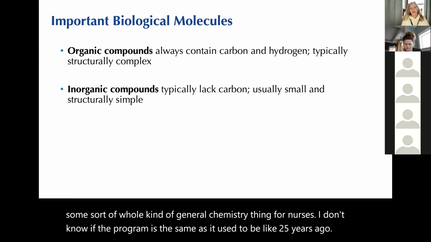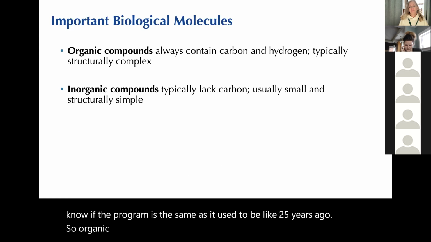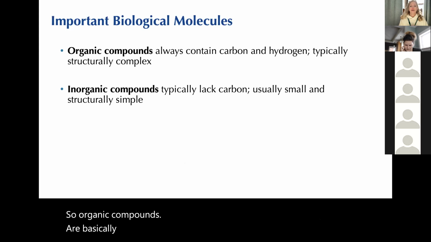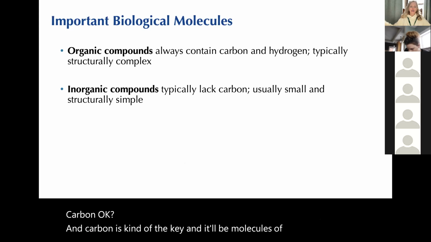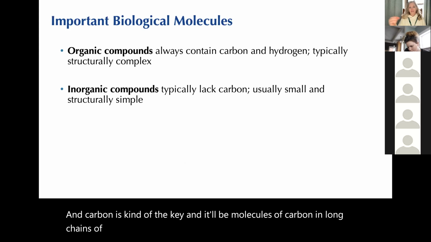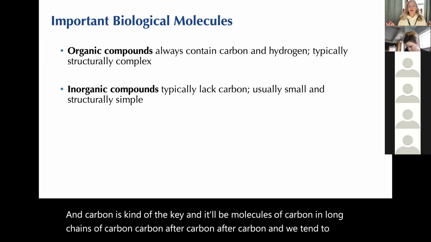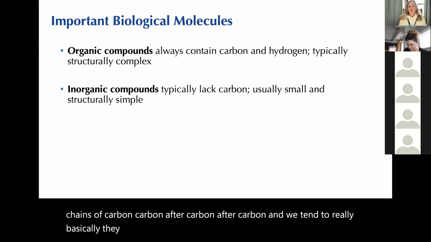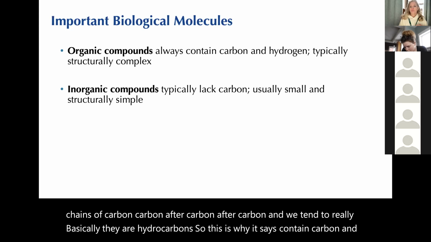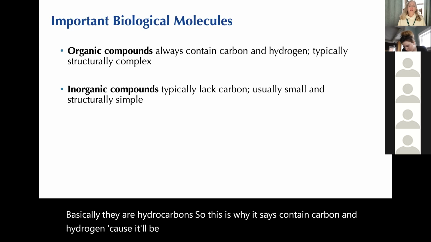So organic compounds are basically centered around carbon, okay? And carbon is kind of the key, and it'll be molecules of carbon in long chains of carbon, carbon after carbon. Basically, they are hydrocarbons. So this is why it says contain carbon and hydrogen, because it'll be carbon surrounded, being hydrated with a bunch of hydrogens.